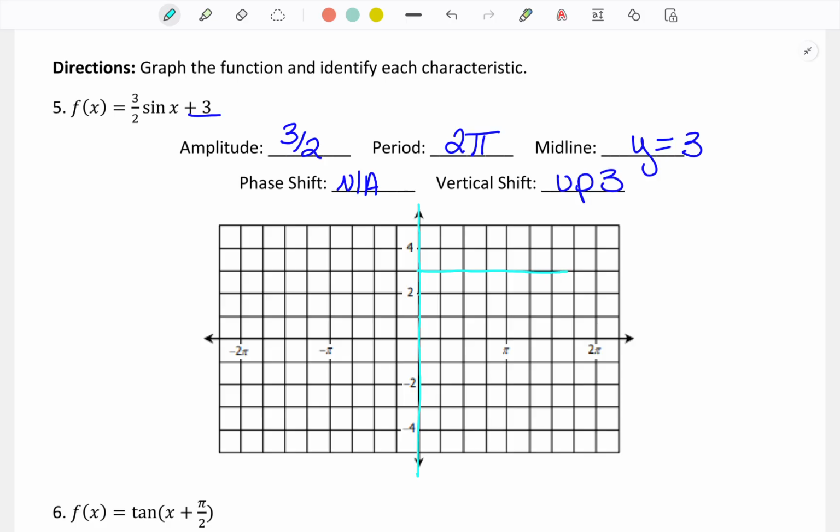And we're going to draw ourselves that new midline, and then use this as our new axis. So we are going to go ahead and make our pattern. Since it's sine, it's middle, high, middle, low, middle.